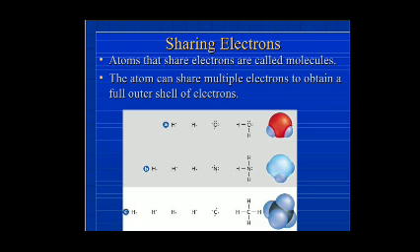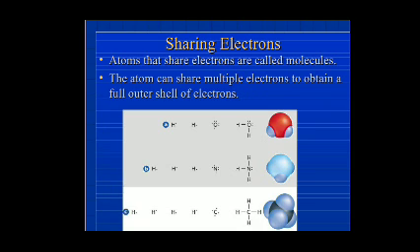Hydrogen and oxygen combine together to form a water molecule. Nitrogen and 3 hydrogen atoms combine together, mutually sharing to form 3 covalent bonds in ammonia. Carbon and 4 hydrogen atoms share together to form a stable molecule of methane.